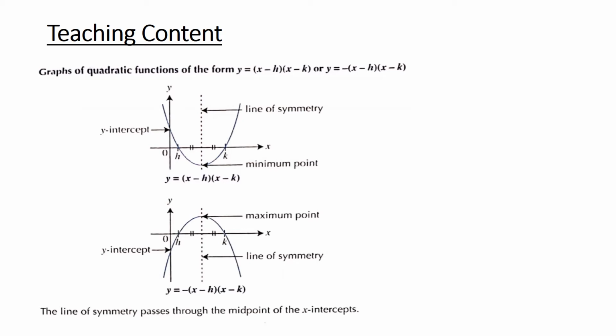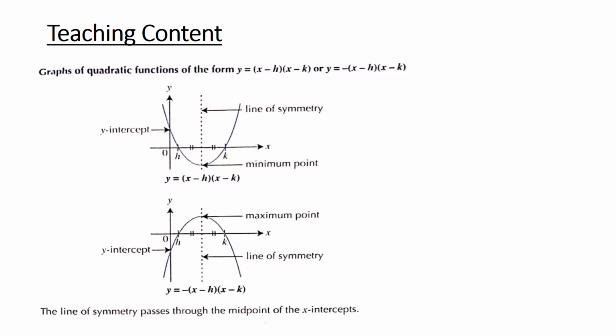Similarly, in the second quadratic function, that is y equals minus (x minus h)(x minus k), here the coefficient of x square is negative. So it has a maximum value of y and the curve will open downward. See in the second graph given in your diagram.